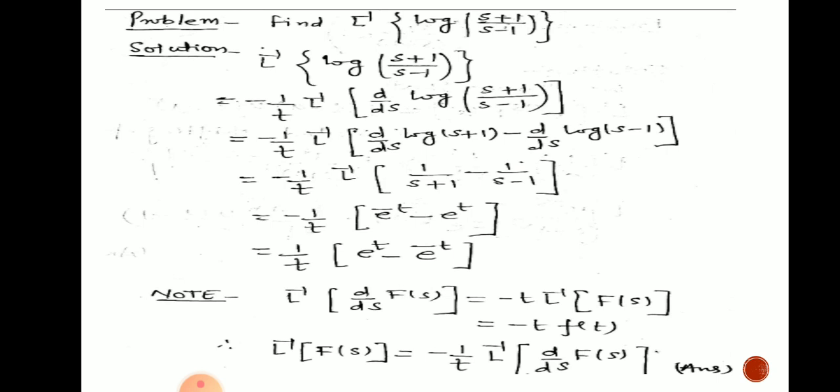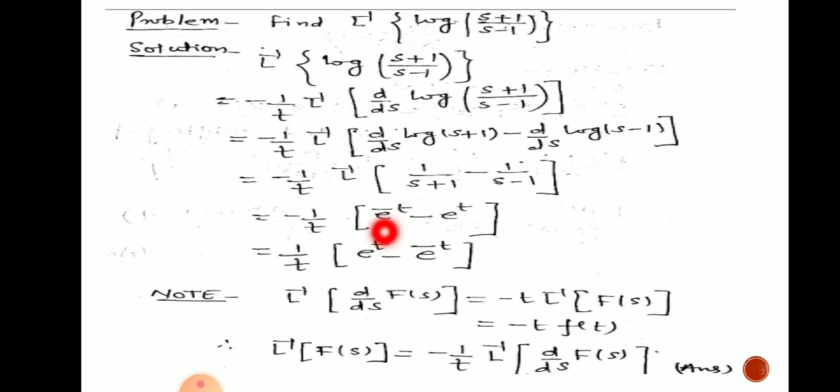Laplace inverse of 1 upon s minus a is equal to e to the power at. It means Laplace inverse of 1 upon s plus a is equal to e to the power minus at. In place of a, here a is equal to 1 and a is equal to minus 1.